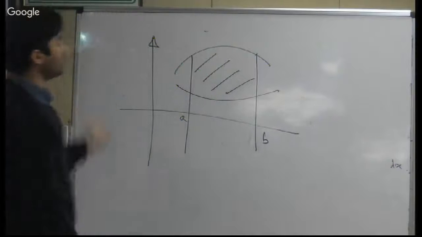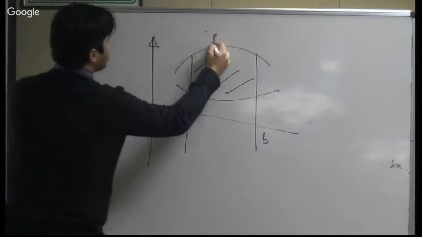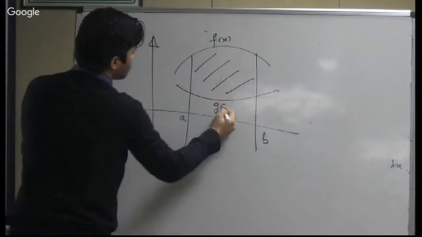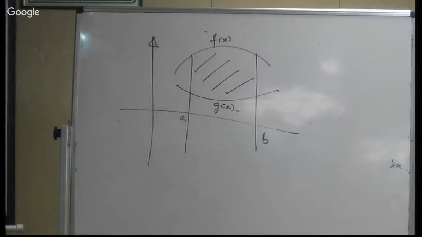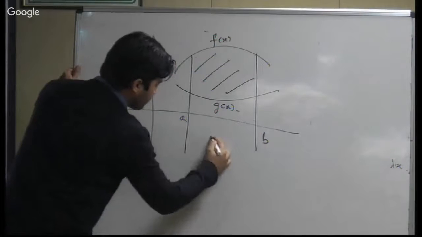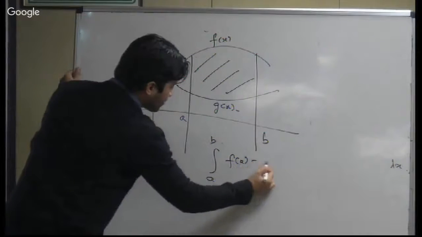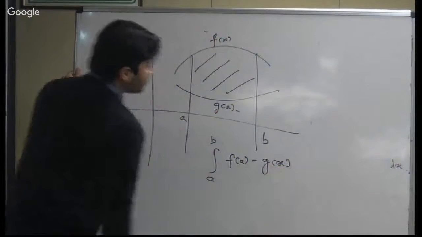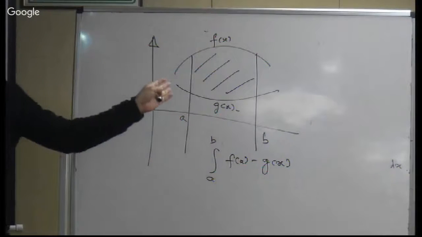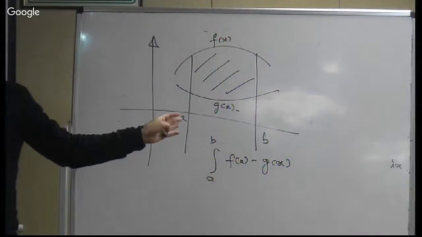When I have to find this, if I call this f(x) and this g(x), what will be the area? From a to b, f(x) minus g(x). Since it's very clear that f(x) is greater and g(x) is smaller, we can do that.